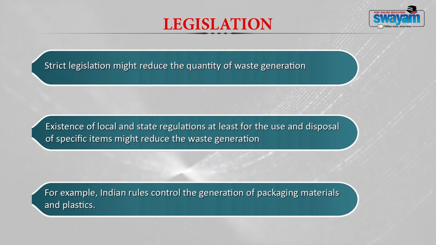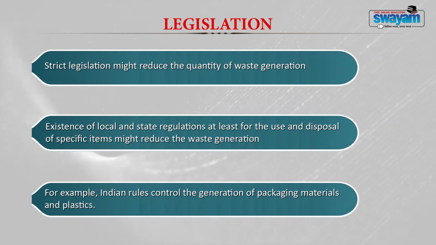One example is Indian rules that control the generation of packing materials and plastics. You all know that in recent times you might have come across many articles in newspapers which say control plastic. This year the theme for Earth Day is also Beat Plastic Pollution.